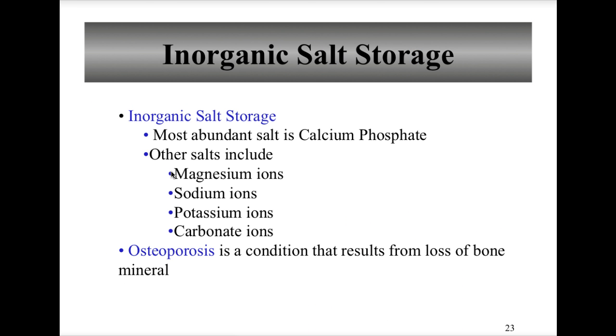If I go back to this slide, the PTH, the parathyroid hormone, is secreted by the parathyroid gland when calcium levels are low. It stimulates osteoclast activity, so reabsorption of bone will occur, and it releases Ca2+ ions into the blood.